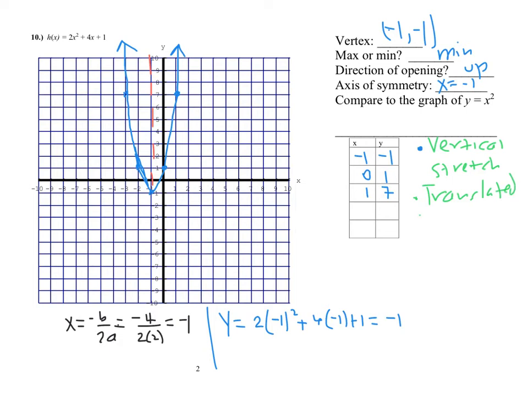How many units down? 1 unit down. And what else can I say? Translated 1 unit to the left. So those are the transformations.